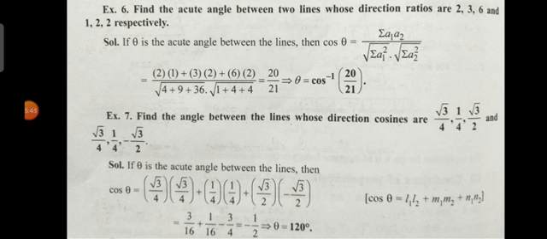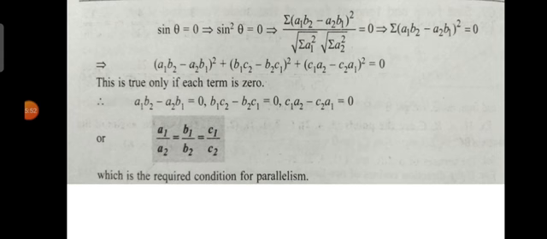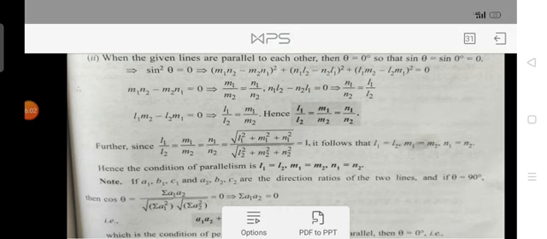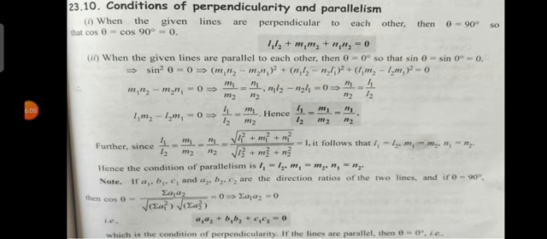Okay, if you have direction ratios and direction cosines, two cases are there. The first is the direction cosines L, M, N, that is given. And the other is when direction ratios are given.